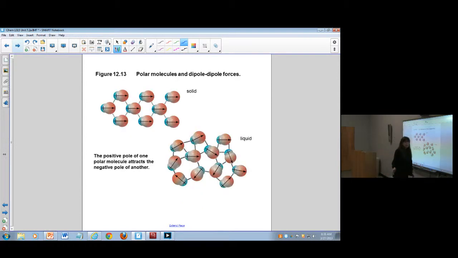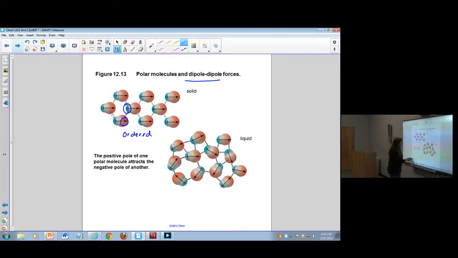So what happens in a solid and a liquid when we have two polar molecules, dipole-dipole forces? Well, in the solid, you have this nice arrangement where here's a positive end. It's going to be attracted and interacting with the negative end of some molecule. And it's relatively ordered, and we should know that. Most solids are in some kind of order most of the time.